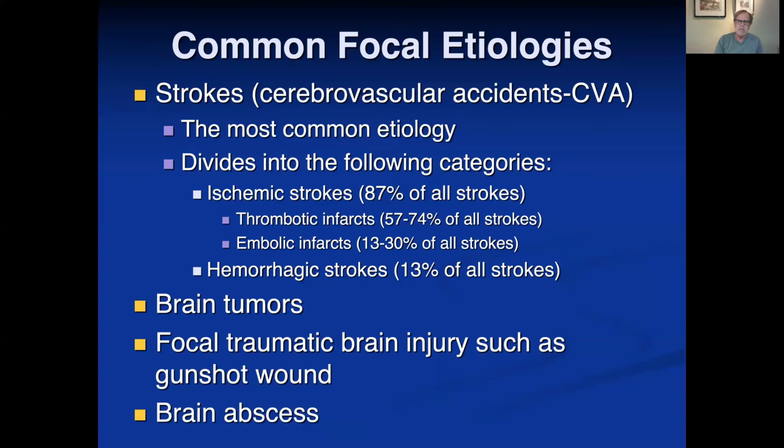So that's a little bit of a confusing point, and the confusion is reflected here in these numbers. Depending exactly how they specify that the diagnosis was made, you'll get different numbers. But the clear number is 13% hemorrhages, 87% ischemic strokes, and then it breaks down as I've tried to show there. We can discuss that more in class.